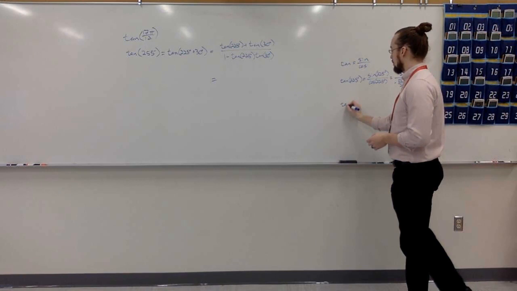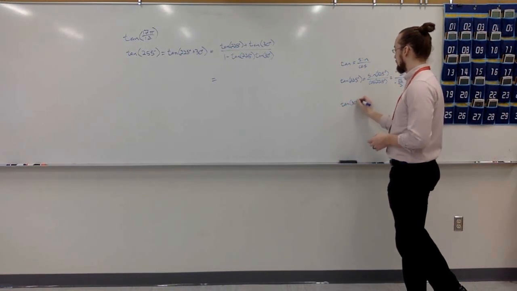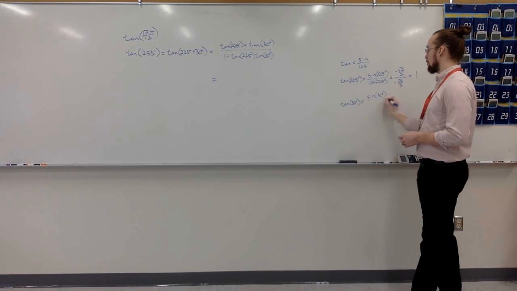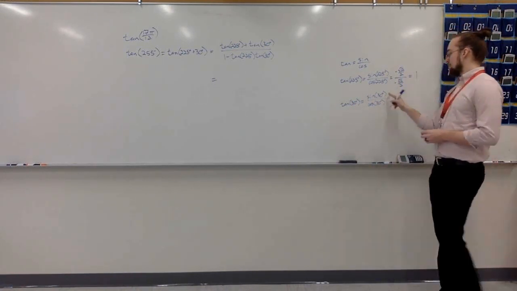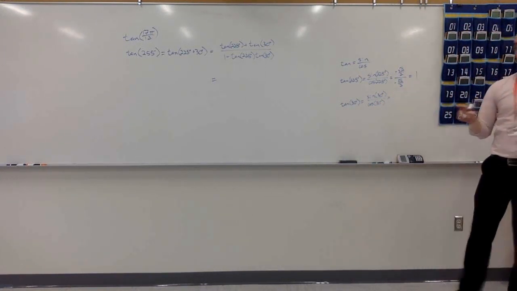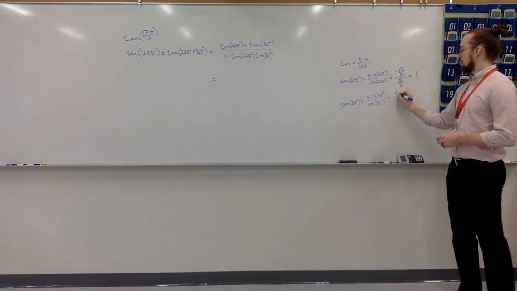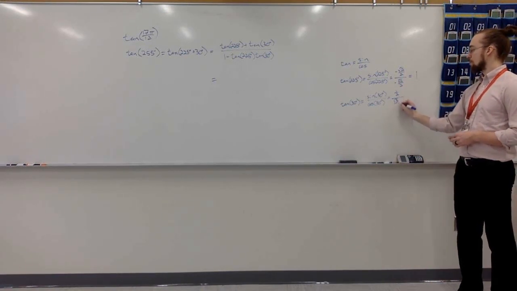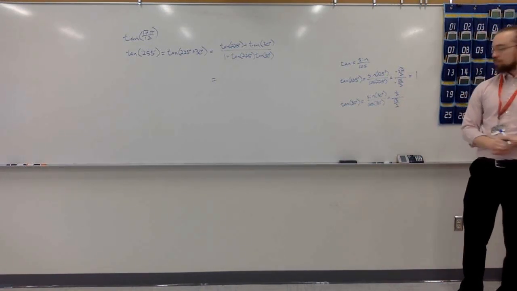Tangent of 30 then? The sine of 30 over cosine of 30. Sine of 30 degrees is 1/2. Cosine of 30 is square root of 3 over 2.